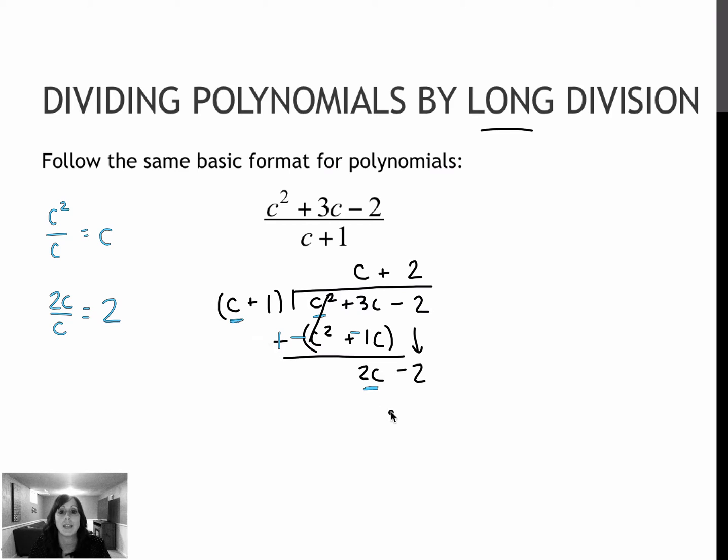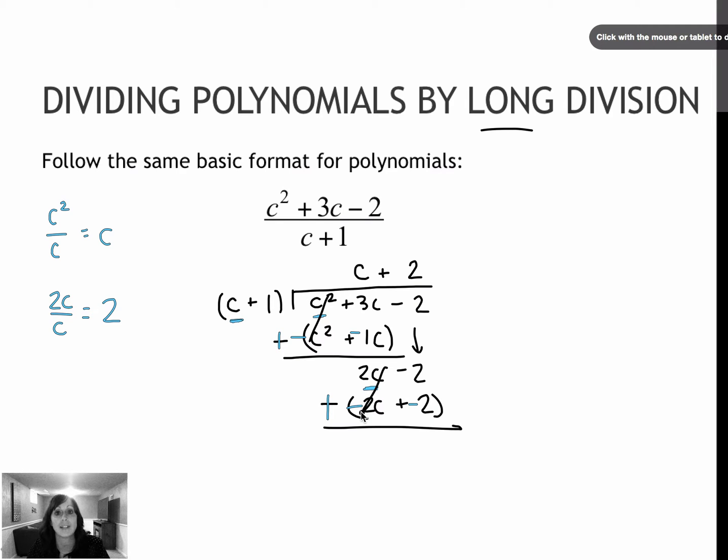2 times c is 2c, and 2 times plus 1 is plus 2. I'm going to subtract all of it. Remember, when I subtract and I have parentheses, that means to keep, flip, change, or ching. So that gives me 2c and minus 2c, which cancels. If they don't cancel, I did something wrong.